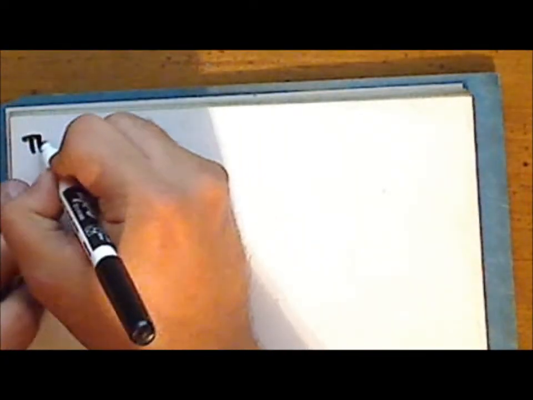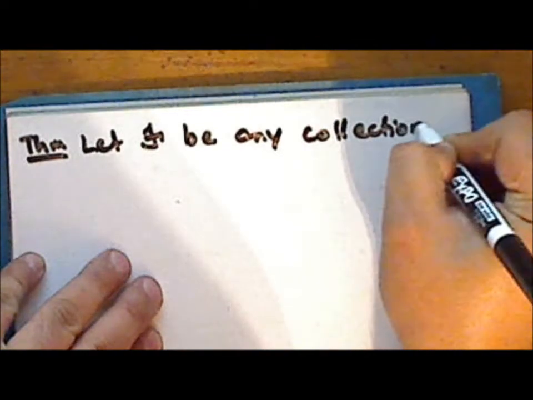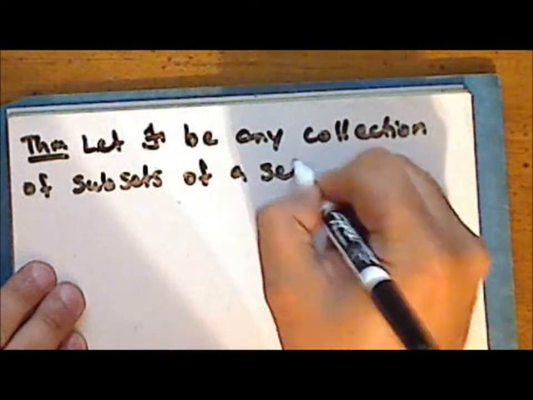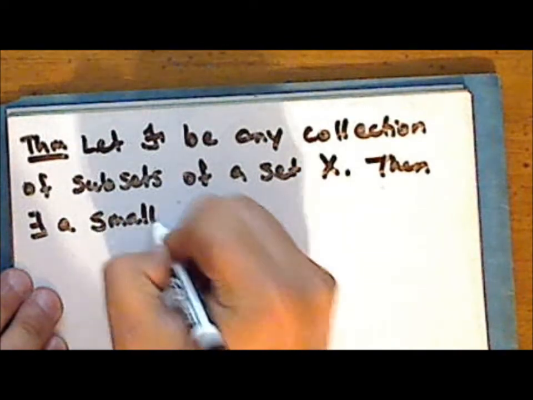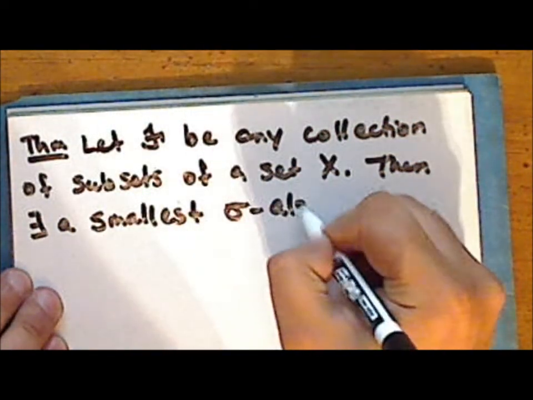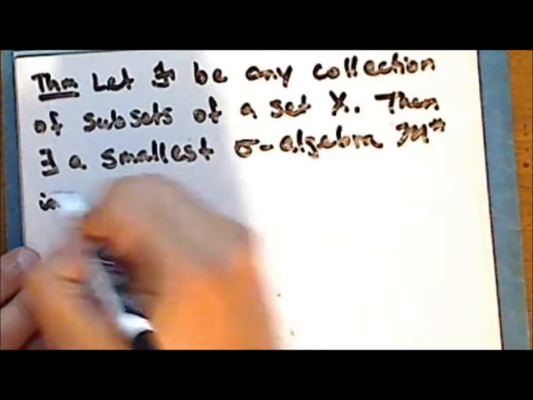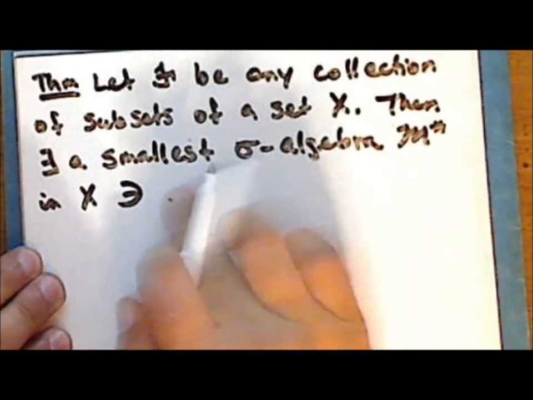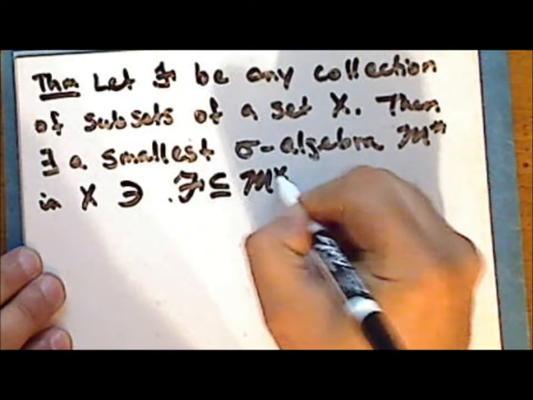Okay, new theorem. Let script F be any collection of subsets of a set X, then there exists a smallest sigma algebra, which we'll call script M star, in X, such that the collection script F is a subset of this sigma algebra.